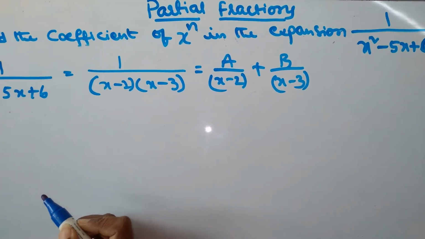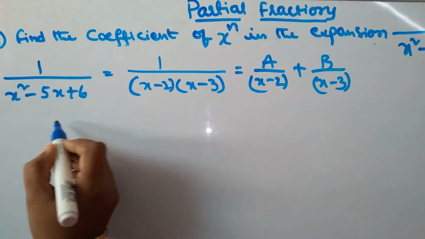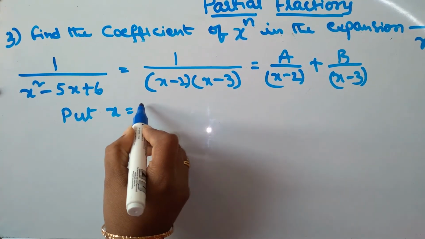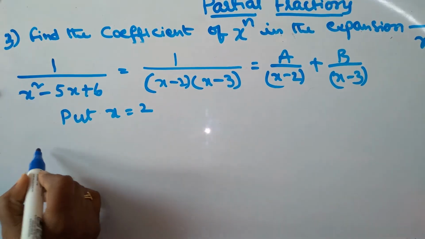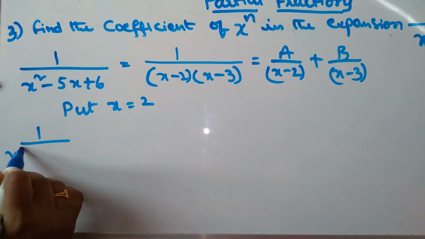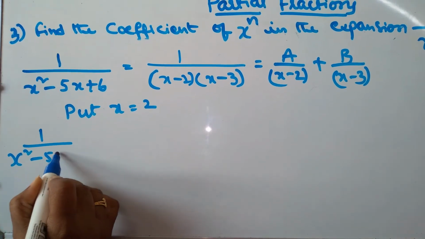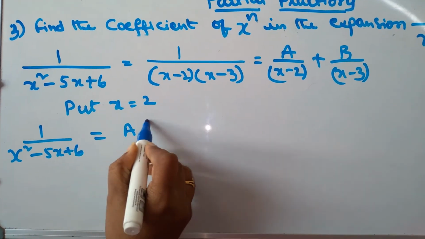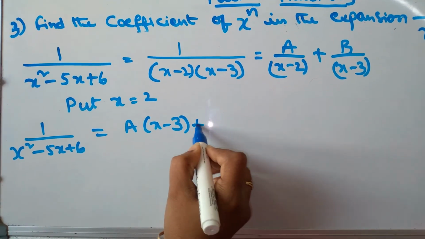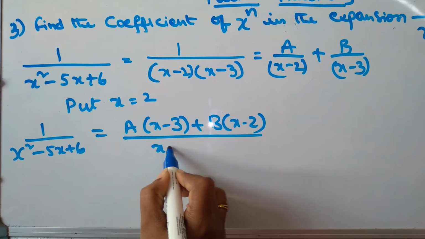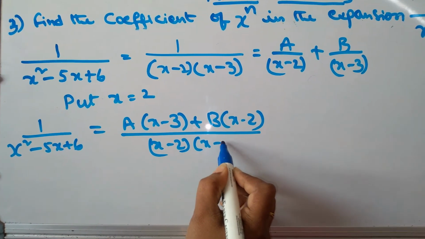Let us find the values of a and b by putting first x equals to 2. So we get a into x minus 3 plus b into x minus 2 by x minus 2 into x minus 3.